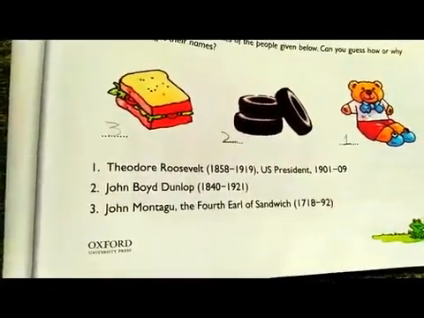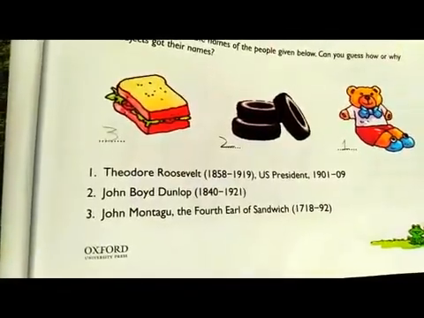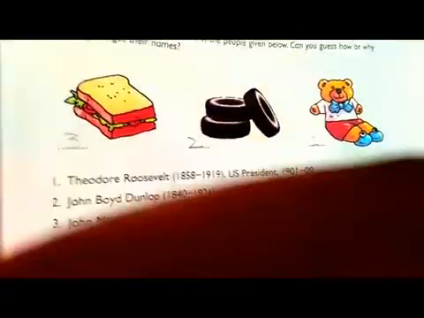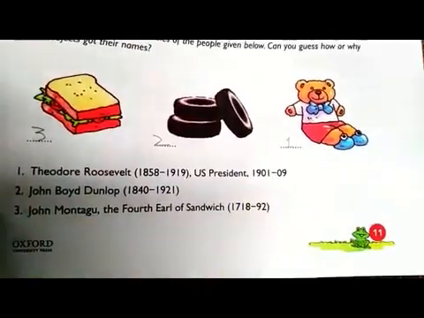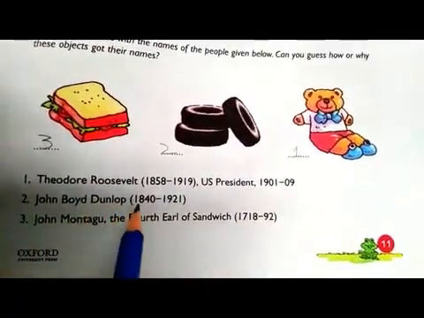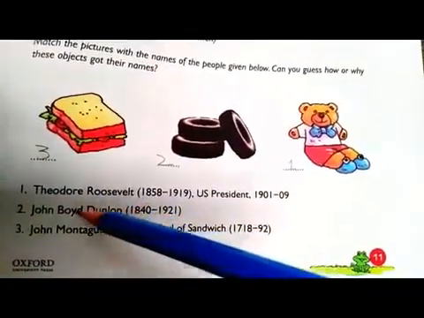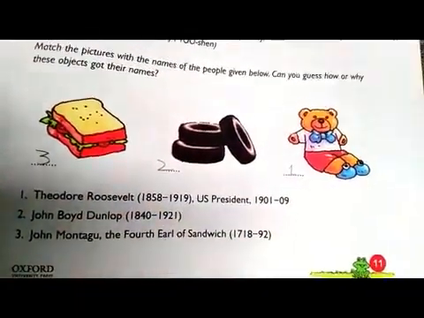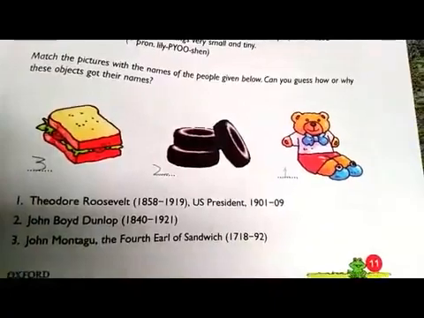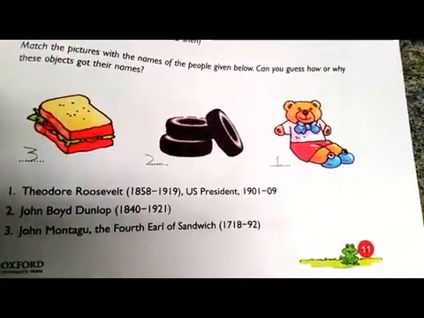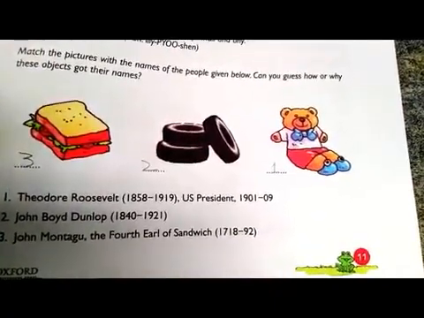So we will give the number 1 to the teddy bear. Kindly write 1 here. After that we have John Boyd Dunlop, 1840 to 1921. We have to discover why he was named so. Students, this John Boyd Dunlop was a very famous person.